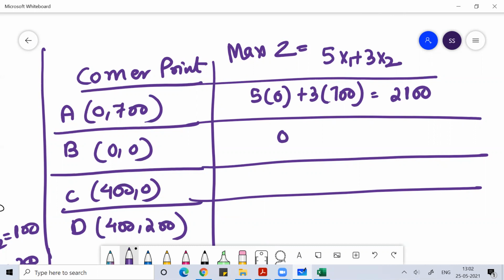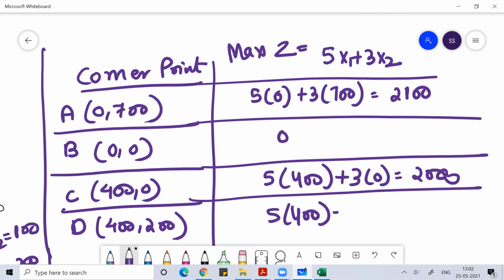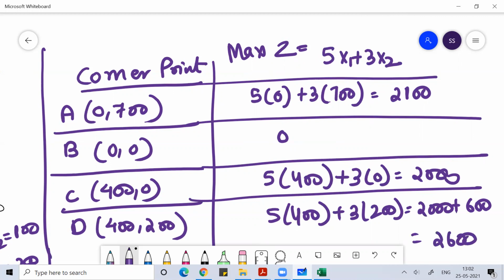This will be 0 only. This is 5 into 400 plus 3 into 0, which will be 2000. And this would be 5 into 400 plus 3 into 200, which is 2000 plus 600, so 2600.